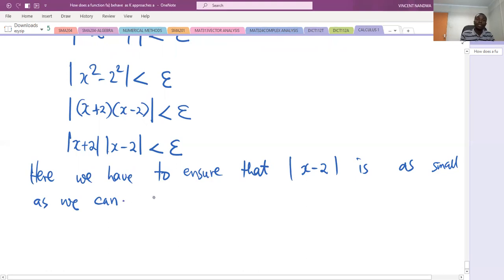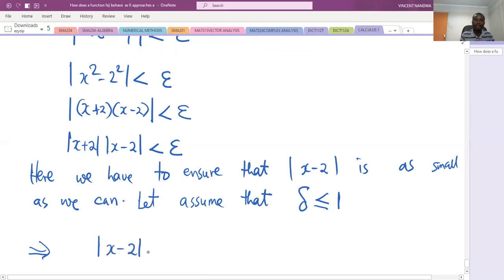So we do this by saying, let's assume that delta is less than or equal to 1. So then this means that absolute value of x minus 2 is less than or equal to 1, which by the definition of absolute value means minus 1 less than or equal to x minus 2 less than or equal to 1.